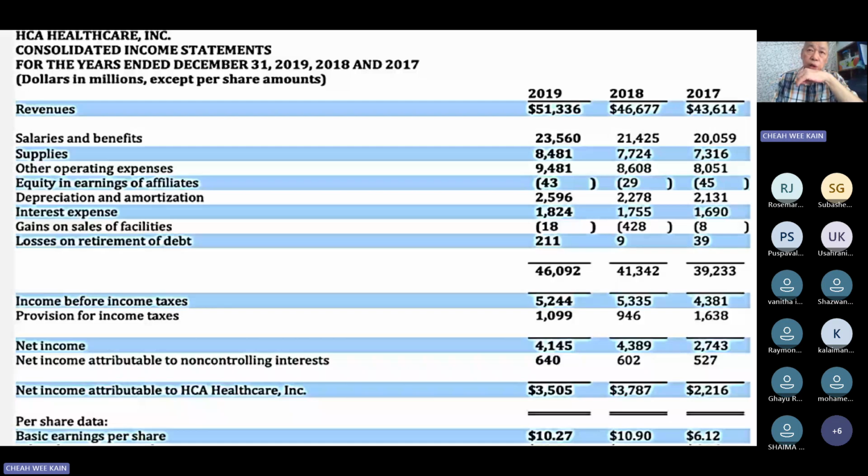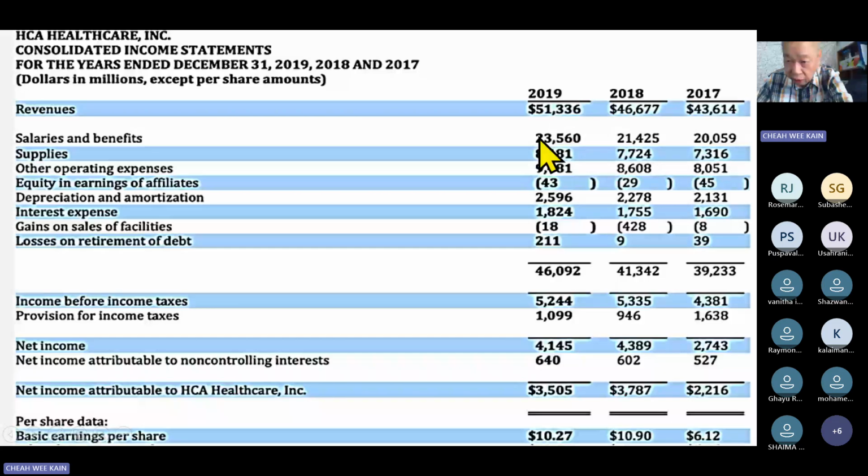Let's say, for example, 3505 divided by 5136, that's the percentage to sales. Understand? 23560 divided by 51336, that is the ratio of salaries. Now, why do we look at ratios?